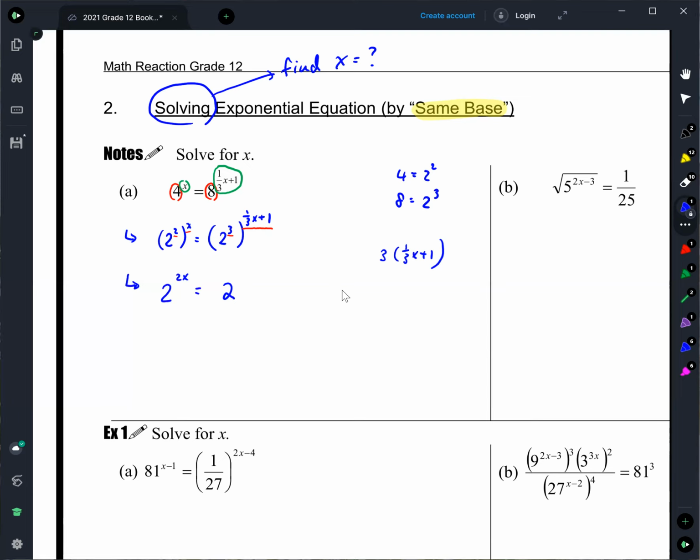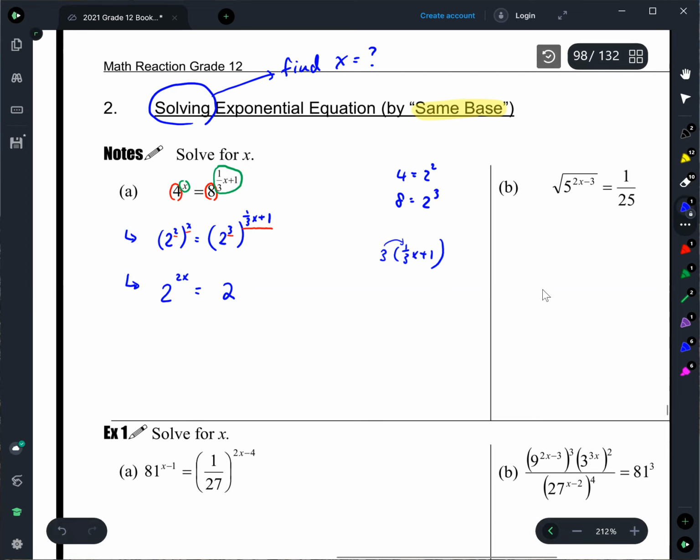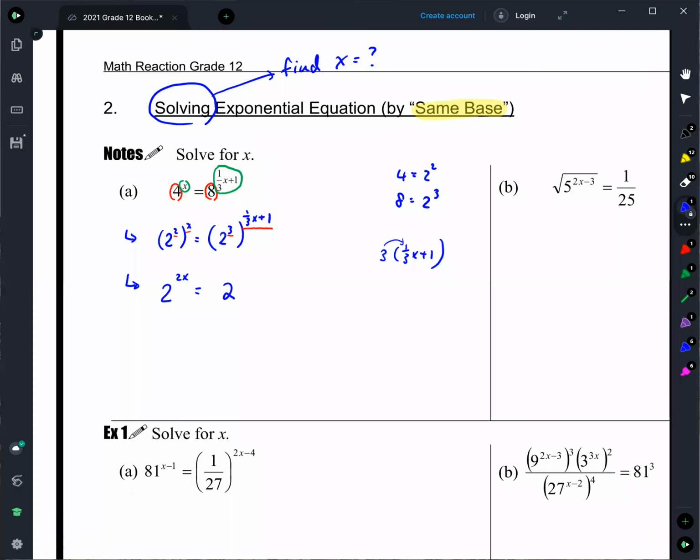Multiply by 1/3. Yeah, what do you get? What's 3 times 1/3? Do you know how to take 3 times 1/3?